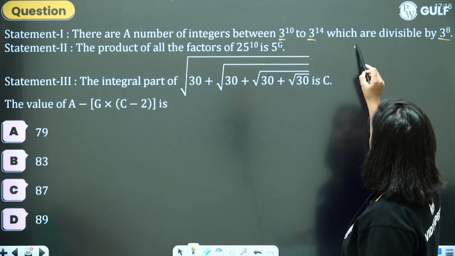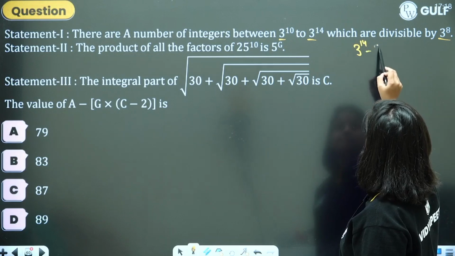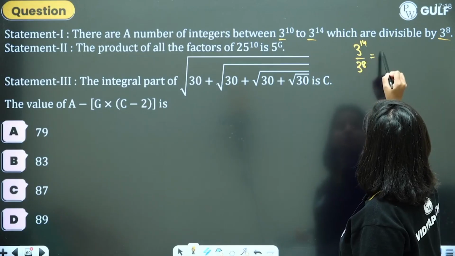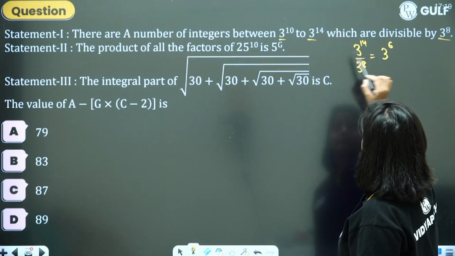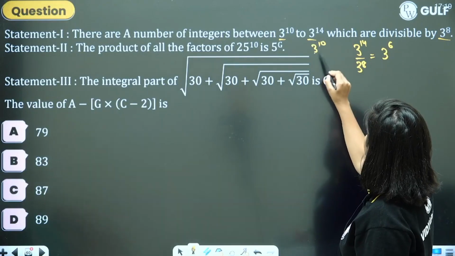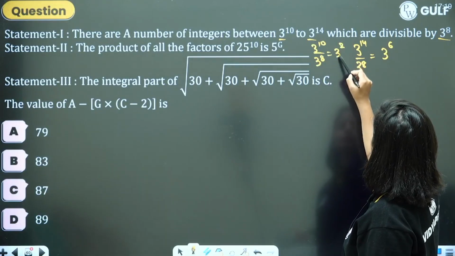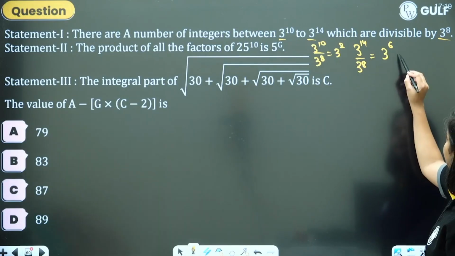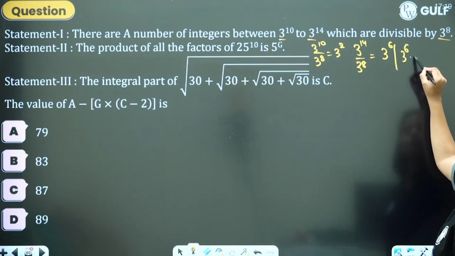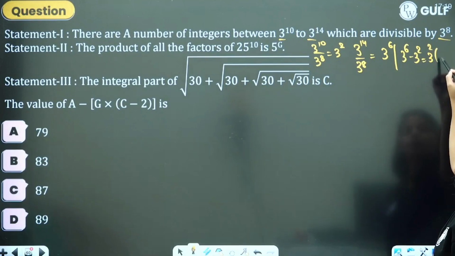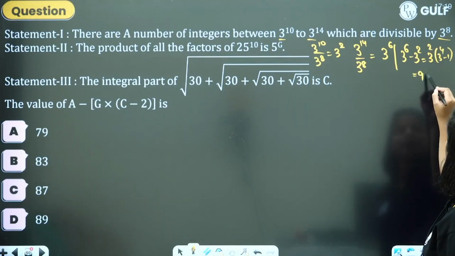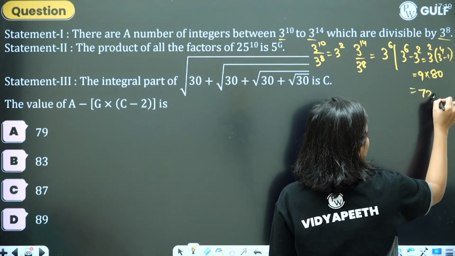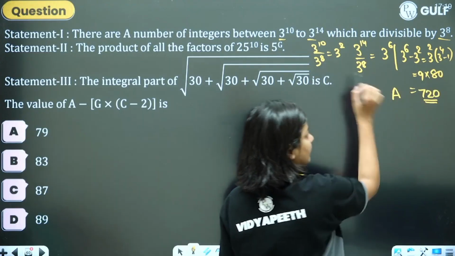So 3 raised to 14 divided by 3 raised to 8 will be 3 raised to 6. 3 raised to 10 divided by 3 raised to 8 is 3 raised to 2. ठीक है, subtract them. 3 raised to 6 minus 3 raised to 2. 3 raised to 2 will be taken common. 3 raised to 2 into (3 raised to 4 minus 1). 3 square, 9, into 3 raised to 4 is 81 minus 1, 80. 8 9s are 720. So the value of A is 720.